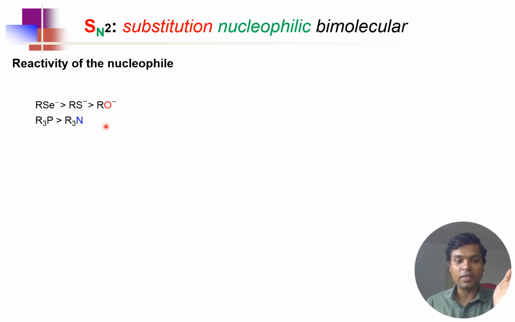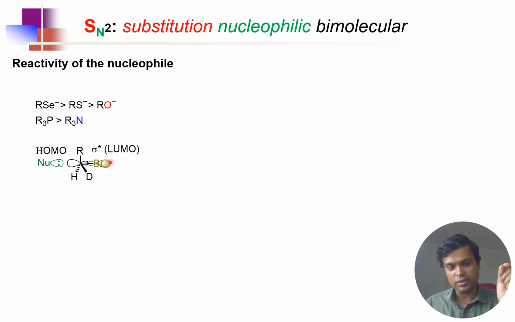The same is true for nitrogen and phosphorus: phosphorus substrates are better nucleophiles compared to nitrogen. That is the HOMO-LUMO interaction. The nucleophile orbitals should be very close to the LUMO of the carbon and leaving group bond, and there the orbital overlap will be better.